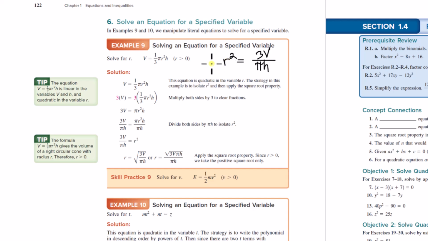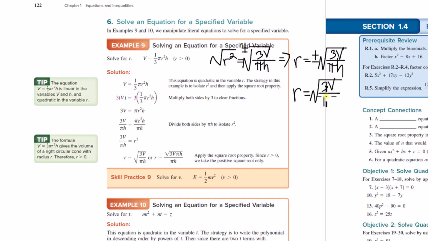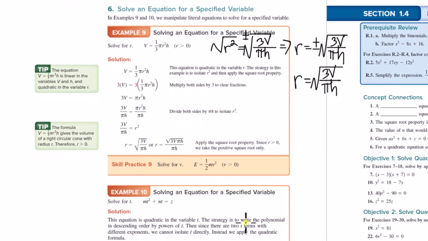So what we can do is take the square root of both sides, put a plus or minus. Okay, and so we get that, let's see, r is equal to, okay, that's fine, but they said r is greater than 0, so we can actually go ahead and take off the minus.